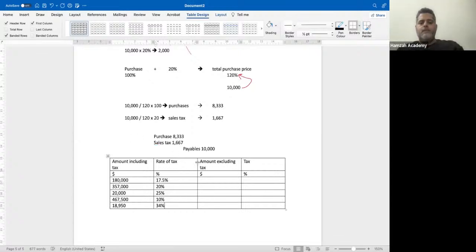Okay, guys, solve this for me. I want to see how you are going to calculate. Okay, let me just show you. I'm going to solve this 467,500 for you. Look, this is the amount including tax. Now, this is the rate of tax, so it is already included in the 100%. So this is 110.